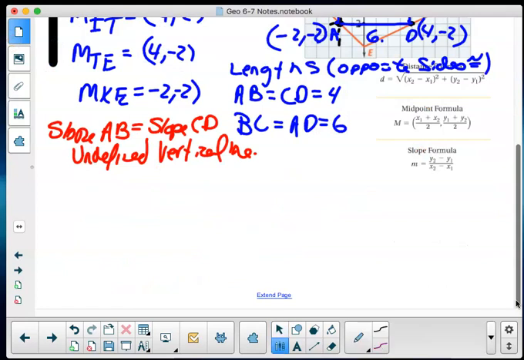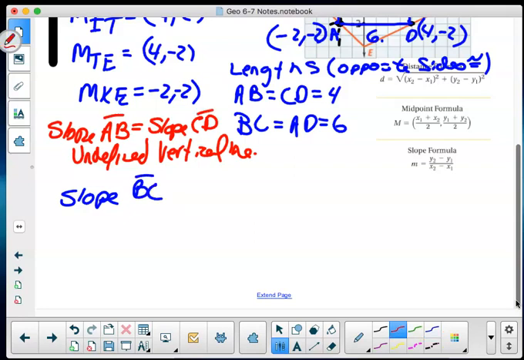Okay, I know those for a fact. And my slope for my horizontals, my BC, I just want to make sure it's BC. Yep, my slope of BC, and those are segments, by the way. My slope of BC is equal to my slope of AD, and that slope is 0.